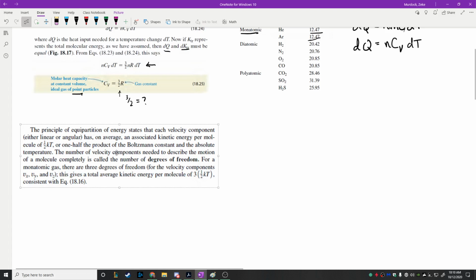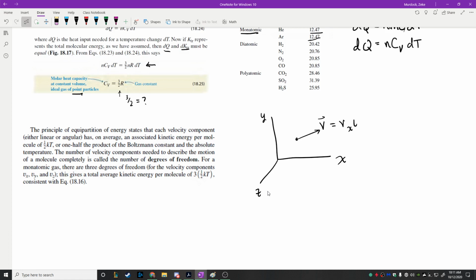The number of velocity components needed to describe the motion of a molecule completely is also referred to as the number of degrees of freedom. This is a really common thing that we use in physics to describe what a molecule can do. So a molecule that's moving in 3-dimensional space, and we describe space with x, y, and z coordinates, is going to have a velocity with components vx times i hat, vy times j hat, and vz times k hat.